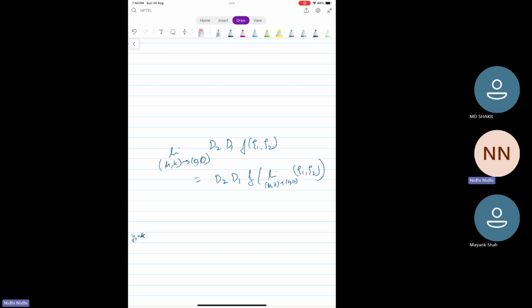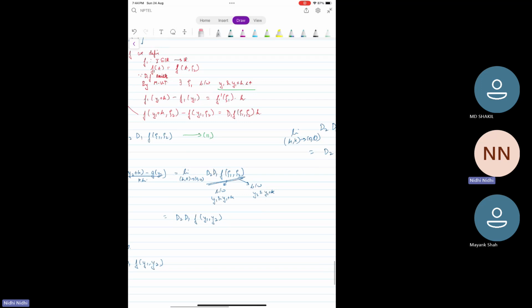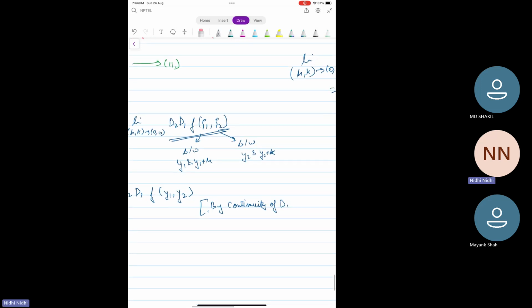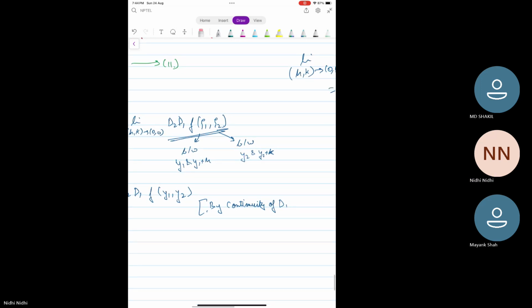In order to take this limit inside, we get zeta 1, zeta 2 to be y1, y2, by continuity of d1 f and d2 f.